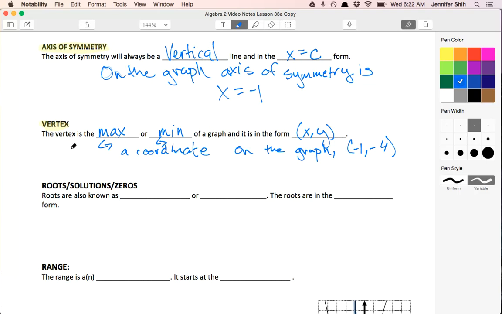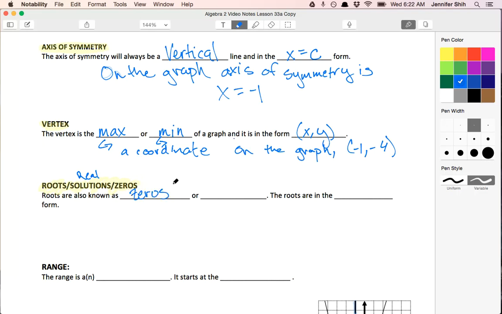Sometimes the vertex is also a zero or a root, and we'll talk about what zeros and roots are right now. So zeros and roots, and this means they have real solutions. If they have real solutions, I'll put a little note, real solutions, roots or zeros. Roots are also known as zeros, and I will use them interchangeably all the time.